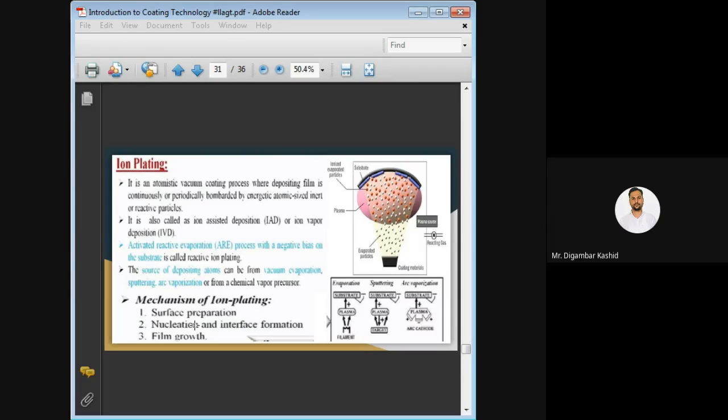That target material forms certain kind of plasma, and that plasma can hit the target material. Then from here, some atoms or molecules go directly and deposit on the substrate.